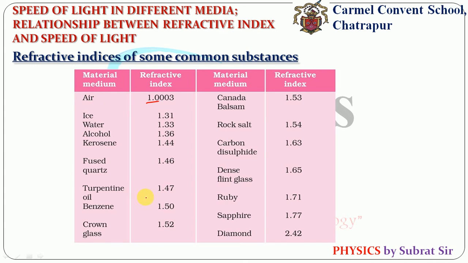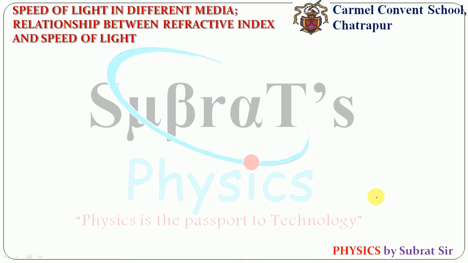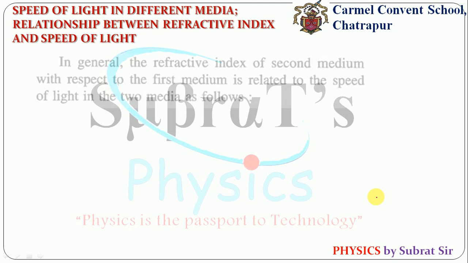These are all given, and the refractive index of diamond is maximum among all the materials. Okay, then we'll discuss something.